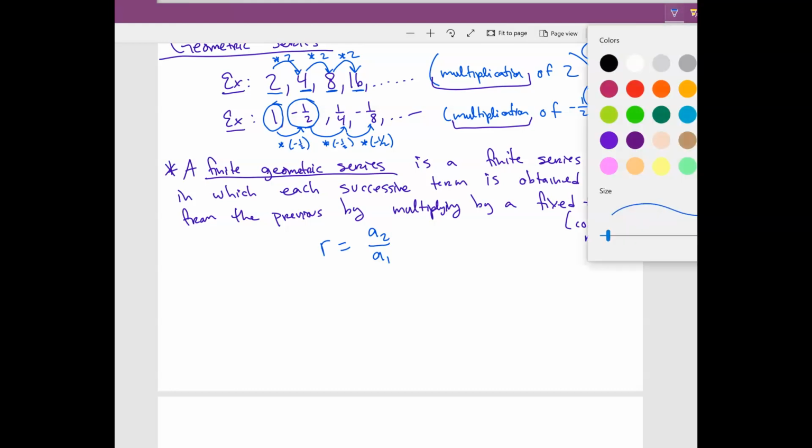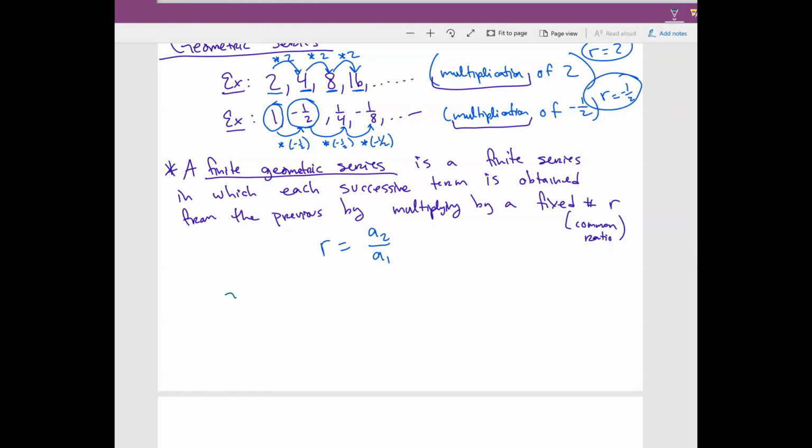Usually geometric series look like this. They have the form a plus ar, then I multiply by r again, so I get ar squared, then ar cubed, then ar to the fourth, and I continue on until I get to the last term. Actually it's n minus 1, because this is the first term, this is the second, this is the third, this is the fourth.